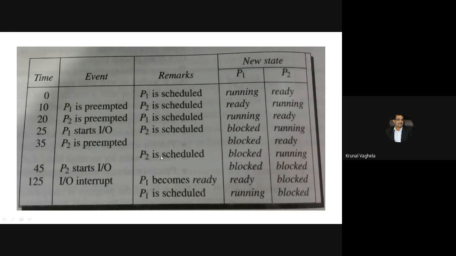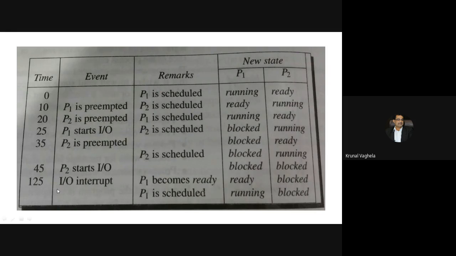Then P2 is scheduled again. So P1 is still blocked and P2 changes from ready to running. Now P2 will start the IO operation. So P1 is already blocked and now P2 is also blocked because it has started the IO.